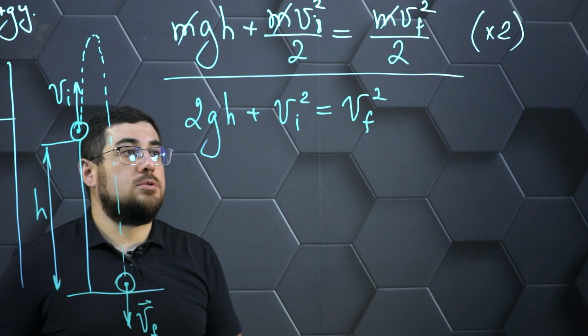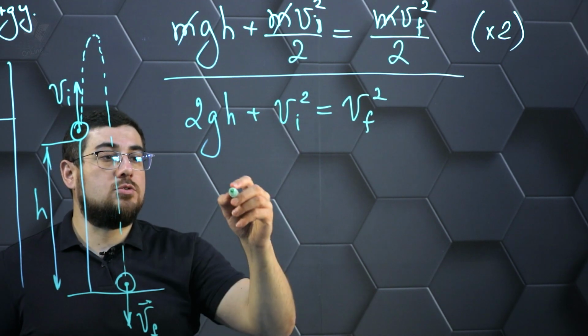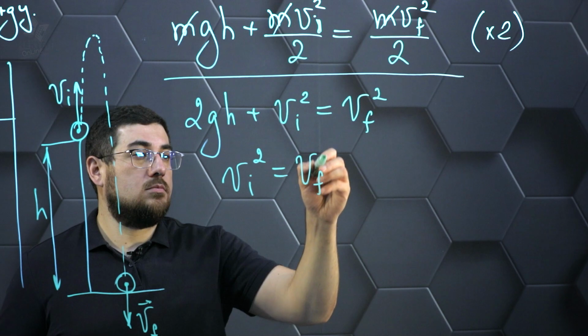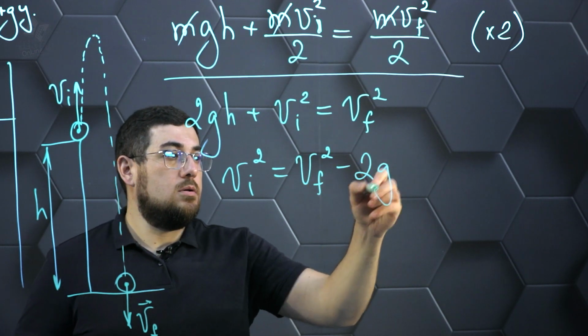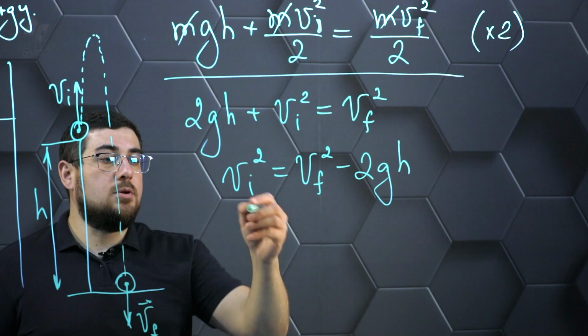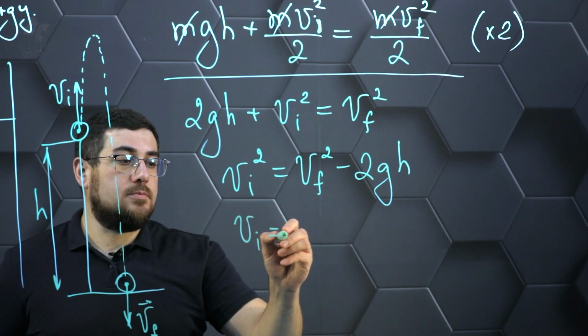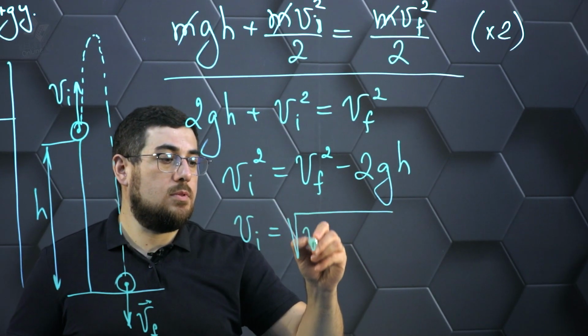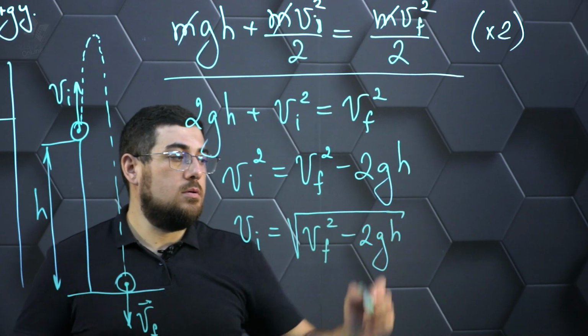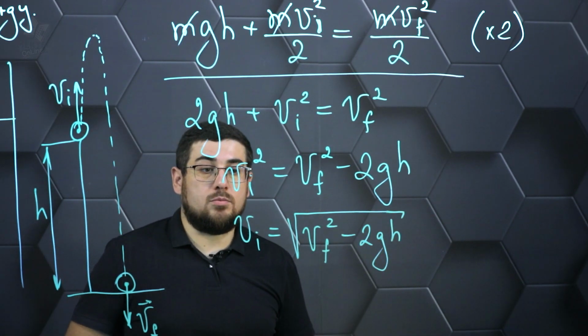From here, we find the initial velocity. We move the 2gh to the right side with a minus sign, and now we extract the square root. That's it. We've got the final formula.